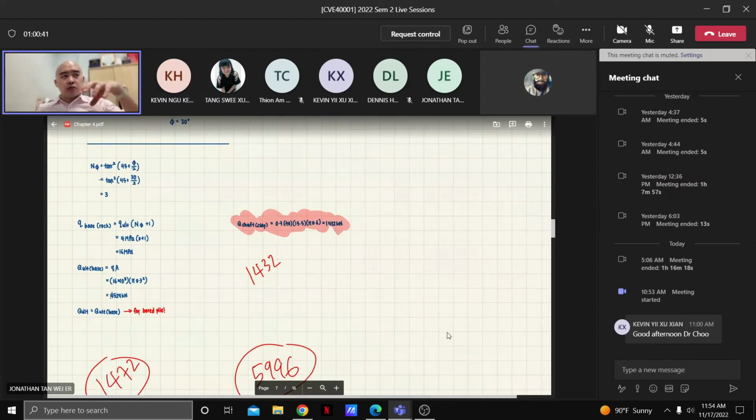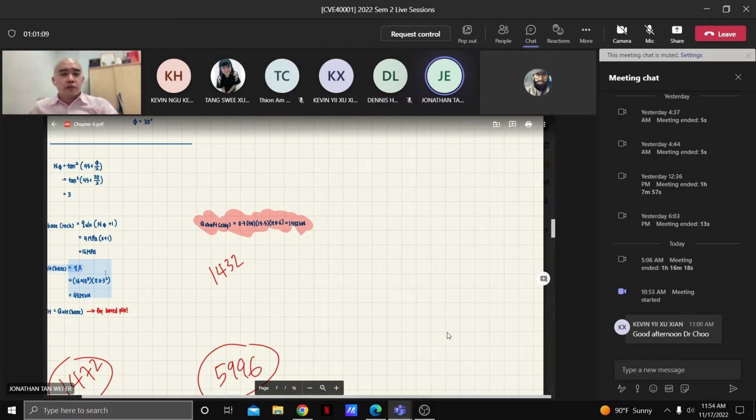The reason is that you may not have a good contact between the base of the pile and the rock. It may not be intact rock. It may be crushed rock just below the pile base. So the Q base that you calculated may be overestimated, so we usually don't consider it.